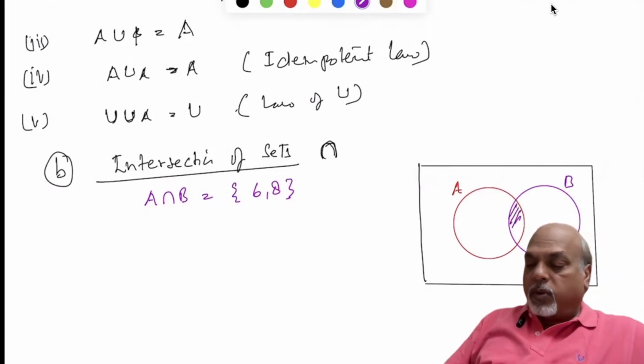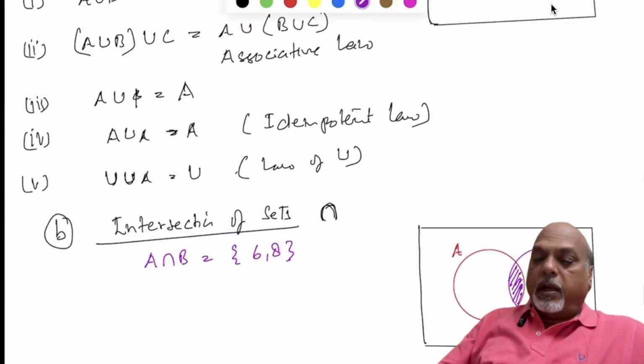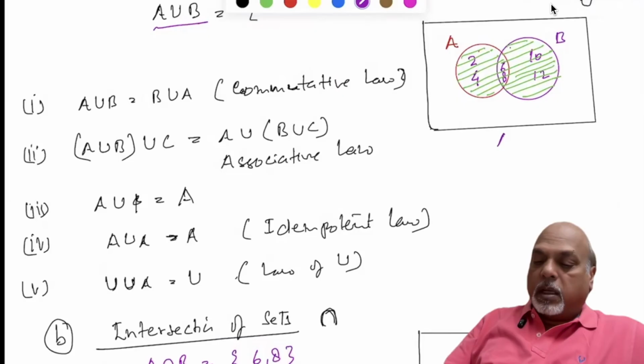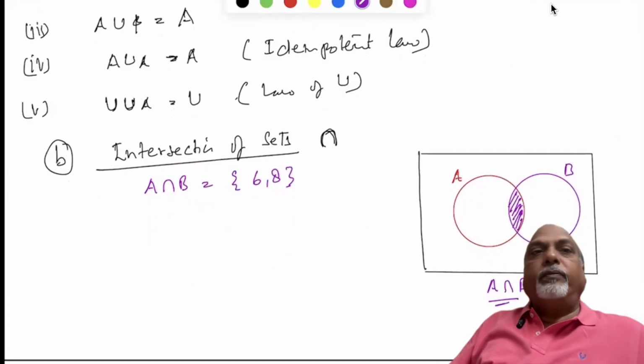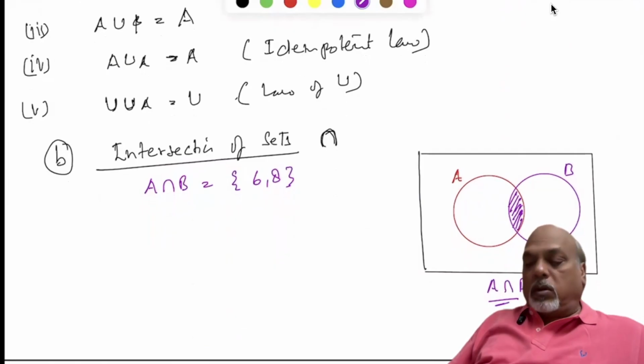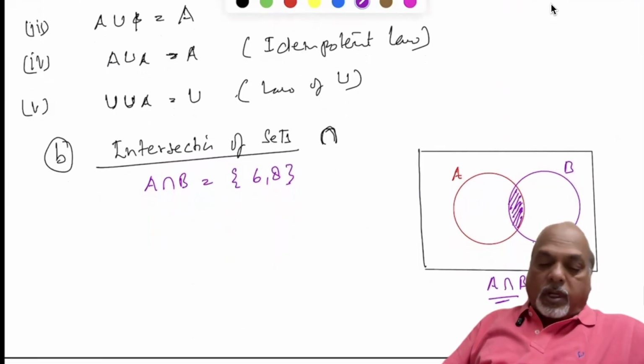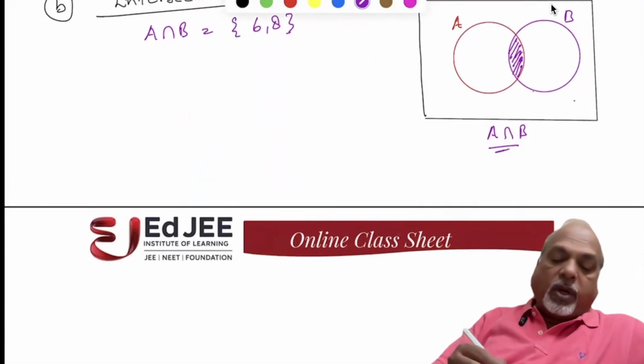So what is the common portion? This is the common portion. This is basically A intersection B. Here it was A union B. Correct. Now, suppose, what is a disjoint set?